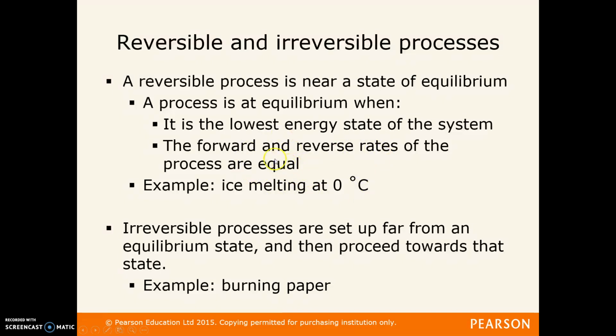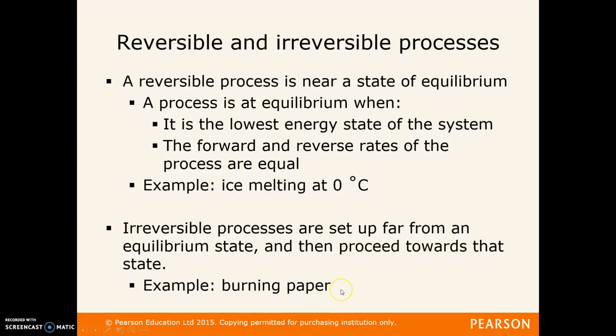There's no real gain or loss that's occurring there. And what we'll find is there are actually quite a number of chemical reactions that are occurring at equilibrium. Consequently, irreversible processes are those that are far away from this equilibrium state. An example of this is burning paper.